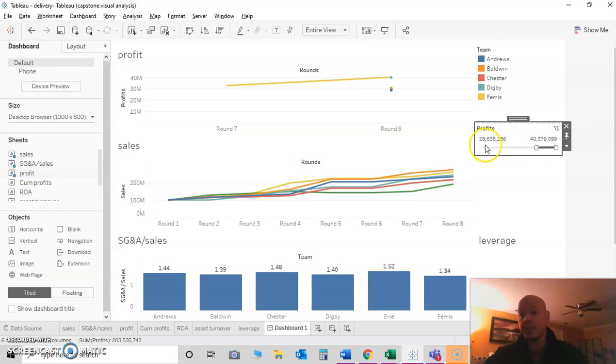So from 28.6 million to 40 million, it's all Ferris. So Ferris, in other words, another way to look at this is you can subtract the 40 million minus the 28.6 million, which is about 11.5 million. Well, that's by how much Ferris was able to be more profitable than all its competitors, which is very impressive to say the least.